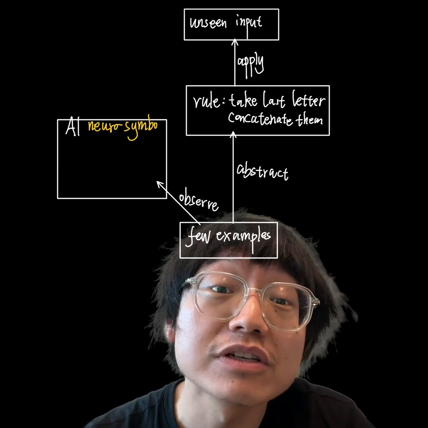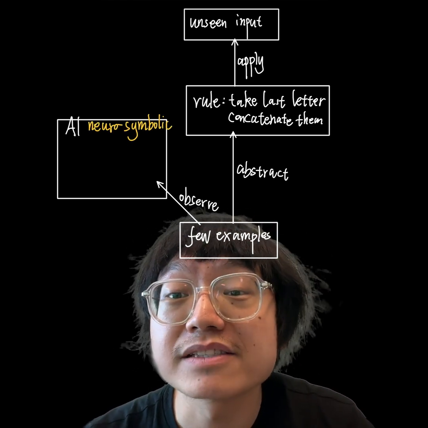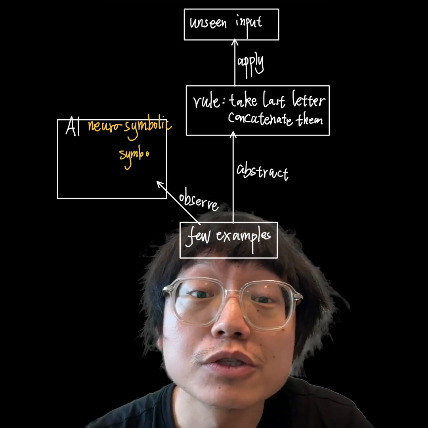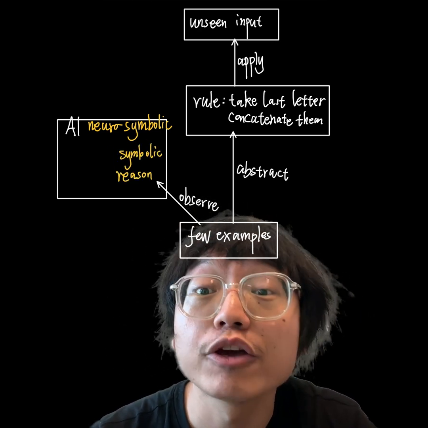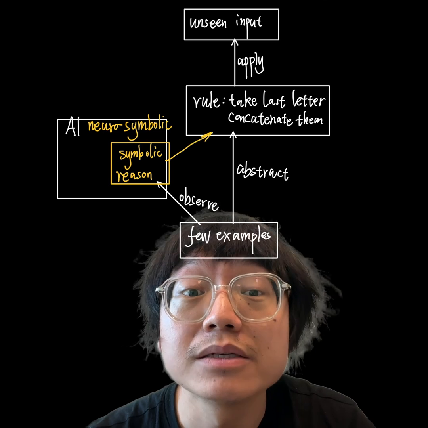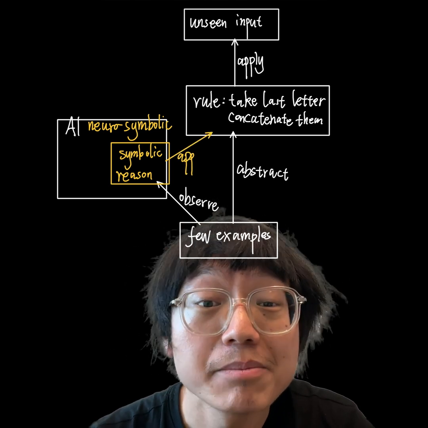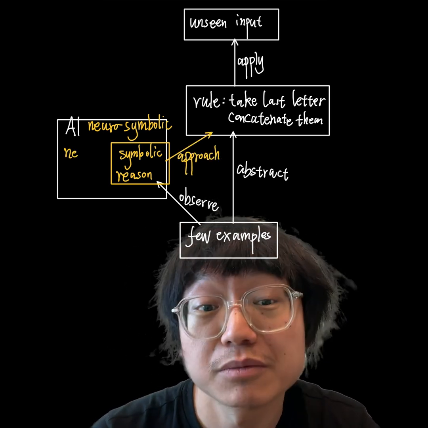In neuro-symbolic AI, we combine symbolic reasoning, which is rule-based methods like human approaches, with neural networks, which is pattern-based learning like transformers.